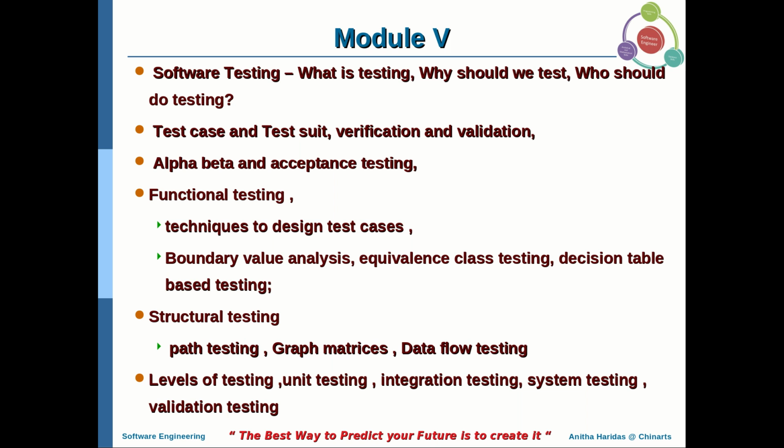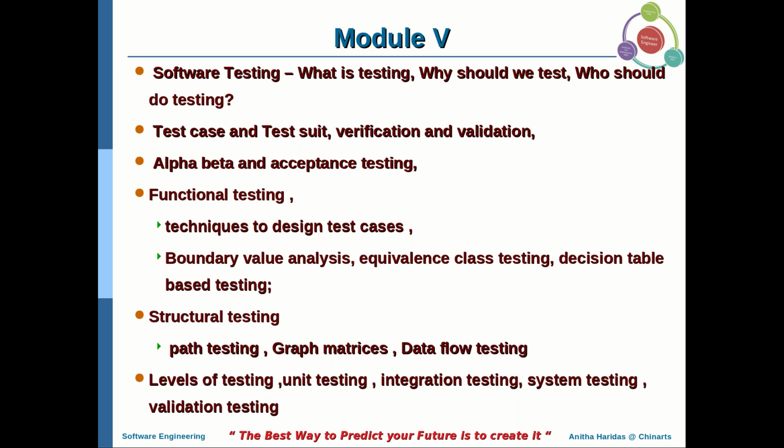Then we discussed in the third module what is software design, the second important phase of the software development life cycle. In the software design, we discussed the different designs available, the different design strategies used, and the 2 important design approaches.